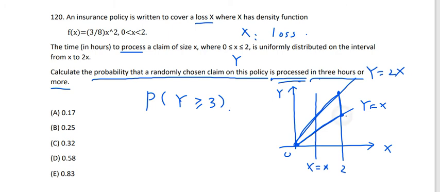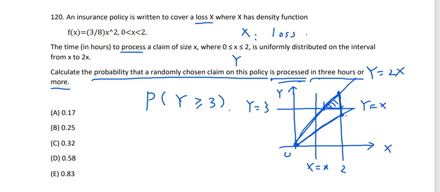So here y equals 3, and y larger than 3 is this part. So for this integration, the range for x is from this x to this x, then y from here to here.